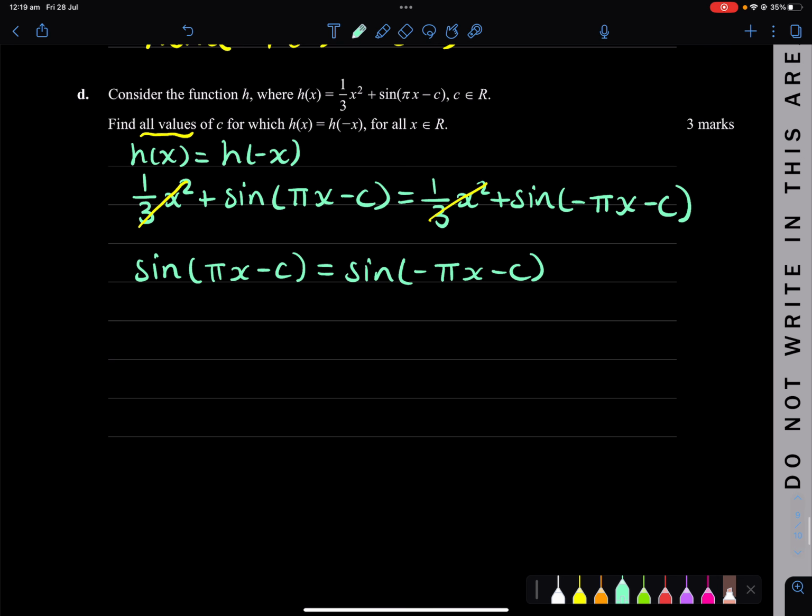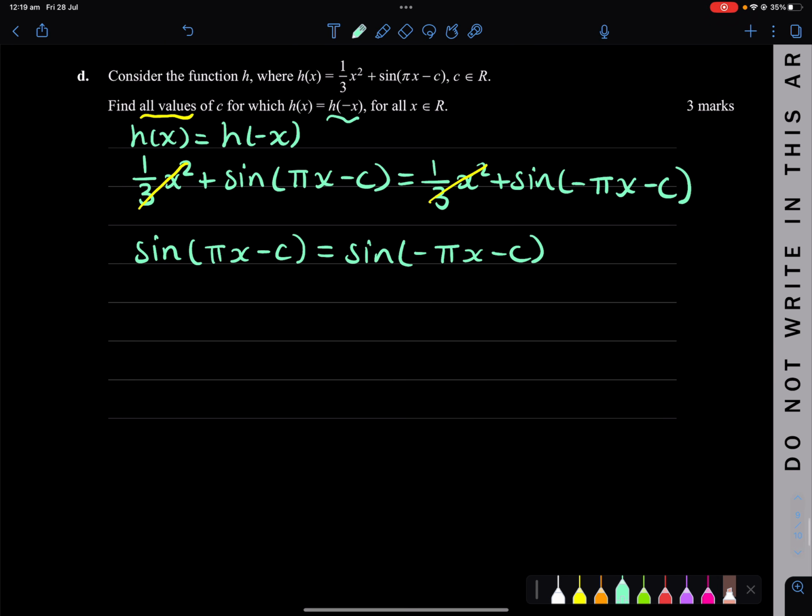Well, using the symmetrical property, if we take a negative factor out of sine of negative pi x minus c, it'll be pi x plus c, and that negative becomes negative sine. So it'll be negative sine of pi x plus c.